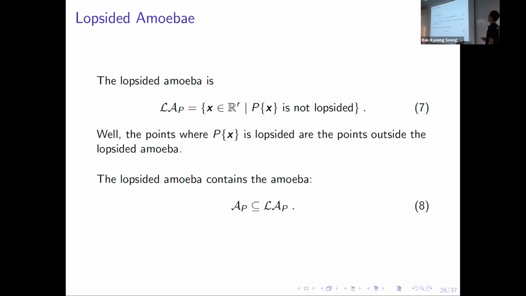The lopsided amoeba is defined as the set of points such that this list P is not lopsided. A proposition is that the lopsided amoeba contains the amoeba. So at least we have a relatively crude approximation of the amoeba.